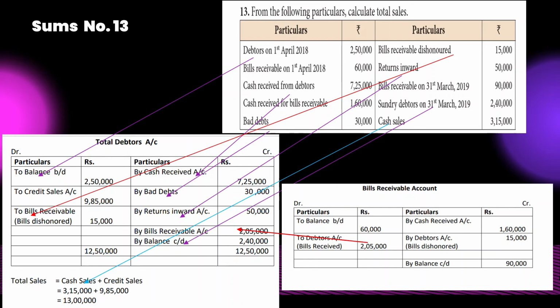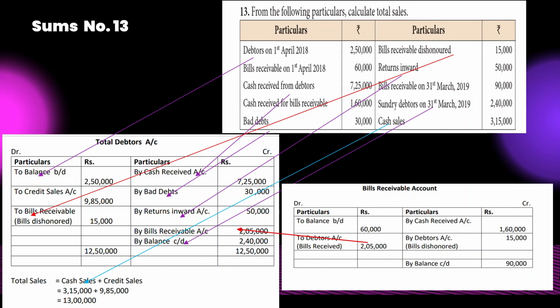Here also first opening balance you have to write, and bills dishonored that you write on the debit side, and then next is cash received from the debtors 7,25,000 on the credit side, bad debts 30,000 you should write, return inward you should write on the credit side, and this 2,05,000 from the bills receivable account I have brought here. I have shown the arrow mark.